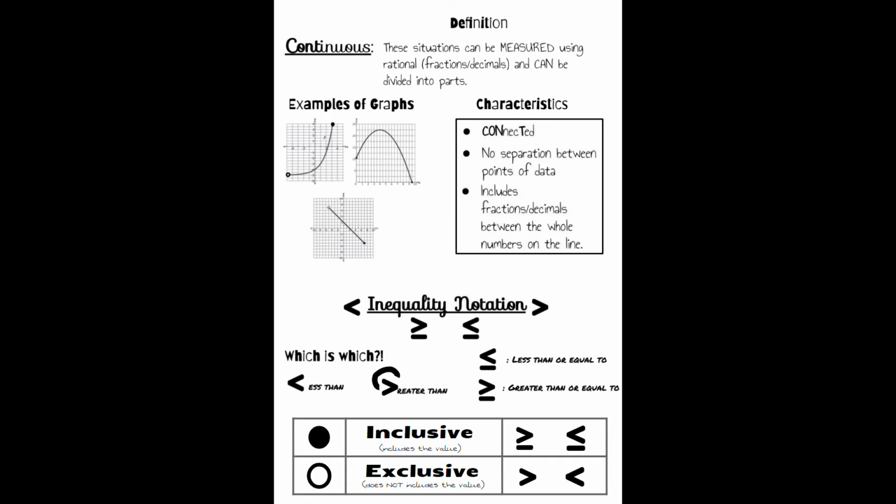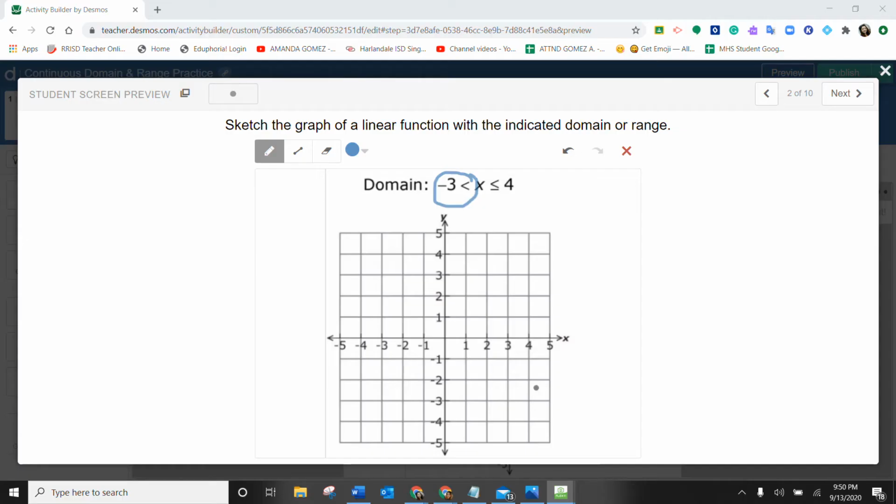That means we have an open circle. It's not including this value. That's why we have the less than symbol. So let's take a look back. So since I have this less than symbol, I already know I should have an open circle at -3. So I'm going to put a little open circle at -3.